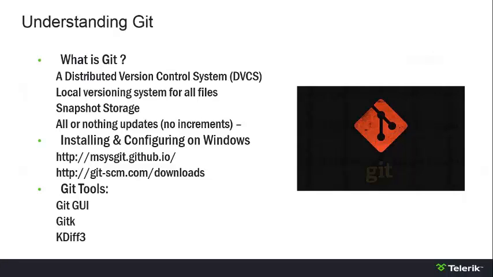In very, very simple words, if I have to tell you the difference between a normal version control system versus Git source control system, I would encourage you to think of Git as a local versioning system for all your files. It's a good start at that point.